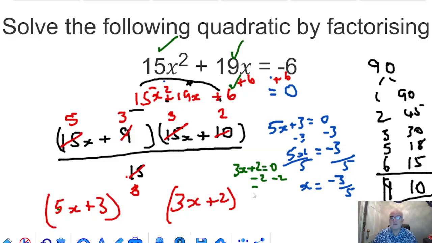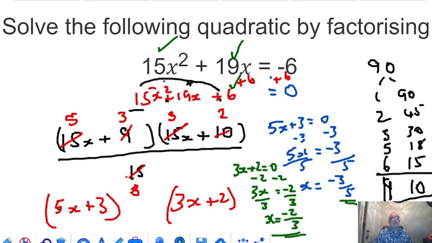Subtract the 2 from both sides. 3x equals negative 2. Divide by the coefficient. So x equals negative 2 over 3. So x equals negative 2 over 3 or negative 3 over 5.